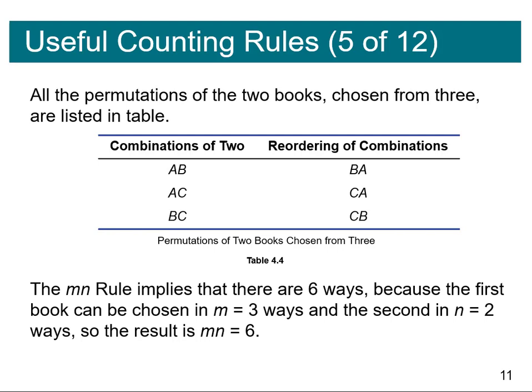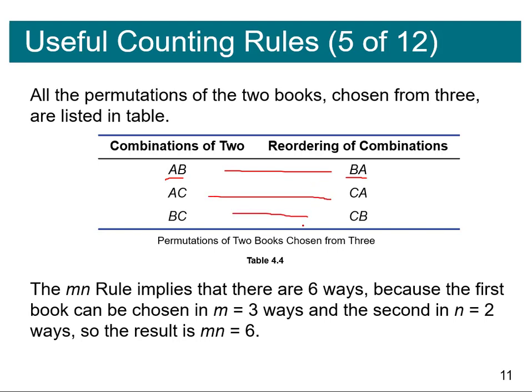We call these the combinations of the 2. We can do AB, AC, and BC, but we can also reorder AB. We're still choosing A and B, but instead of putting A to the left of B, we can put B to the left of A. So we get 3 of these, but then each of these can be ordered either this way or that way.